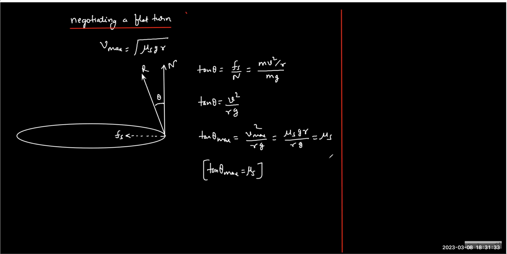See, if you move faster than this particular speed, you're going to slip. And what we realized in the last lecture is that normal and mg are of no use. They cannot provide any assistance to turn, right? Do you remember? Yes, sir.